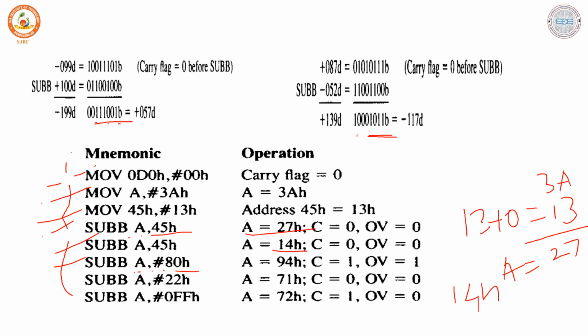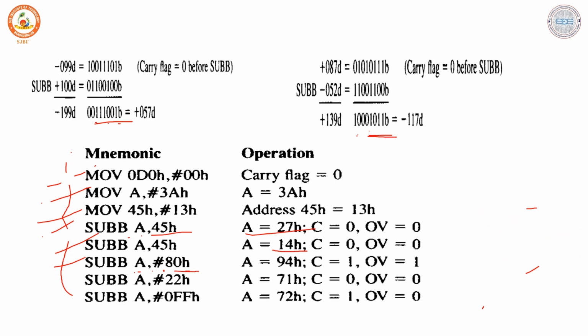When you are subtracting the content of 80H, along with the carry 0, so that is 80H. Okay, let me write it here. So 14 subtracted from 80.